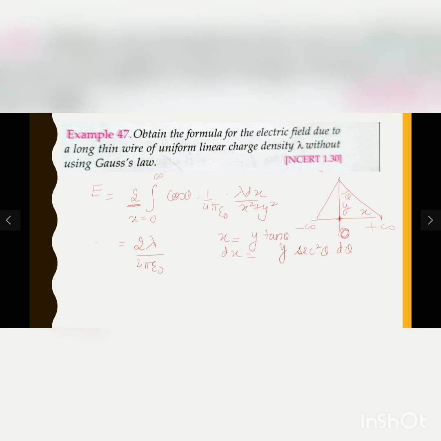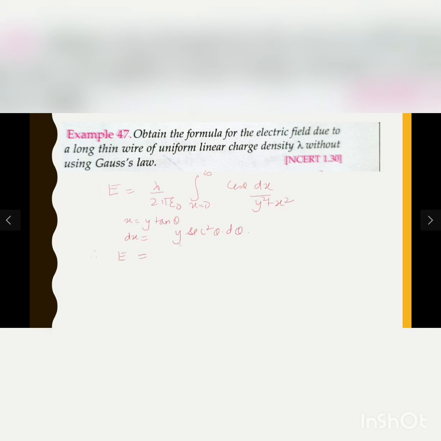So my expression reduces to E is equal to, now I have to integrate, putting all these values which I have found above into the expression. This will reduce to lambda by 2 pi epsilon naught. Now I will integrate from theta 0 to pi by 2.